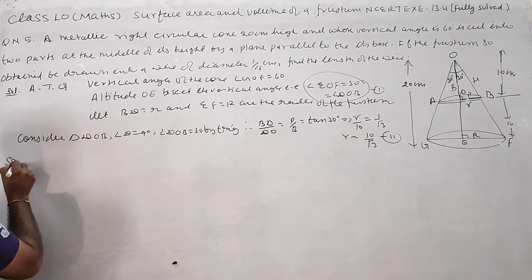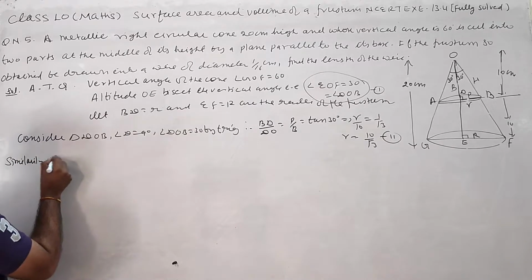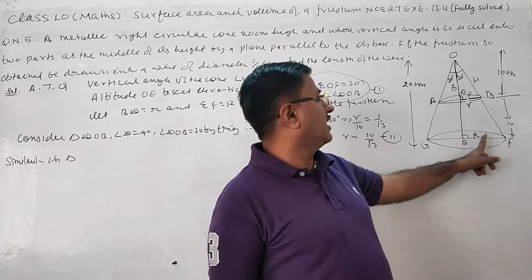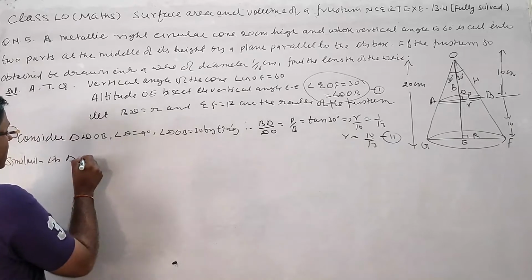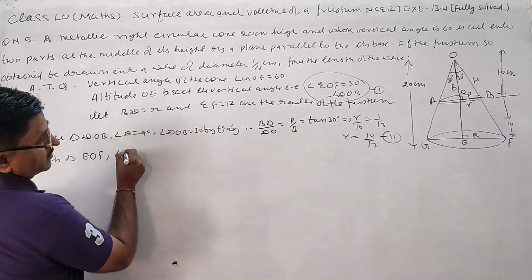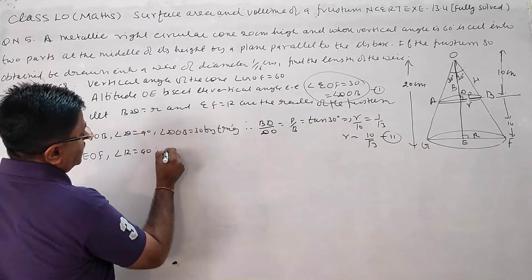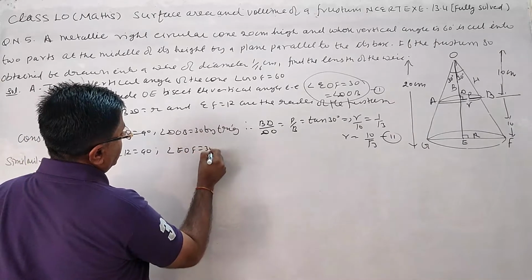Similarly, now we consider this triangle. We want to find this capital R. So consider triangle EOF. In triangle EOF, angle E is 90 because the height is always perpendicular to the base, and angle EOF is equal to 30.